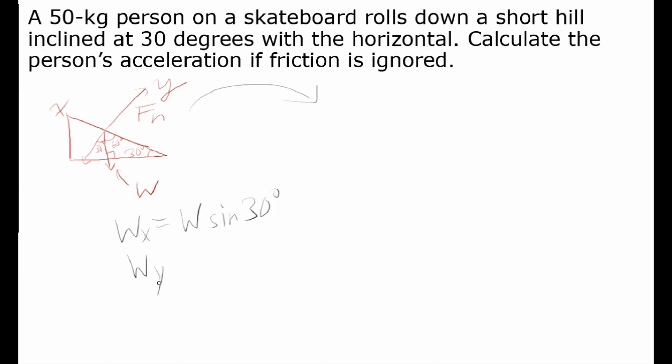And our y component will be equal to W, what identity? So this is your y, and using SOHCAHTOA we will use the cosine of 30 degrees.